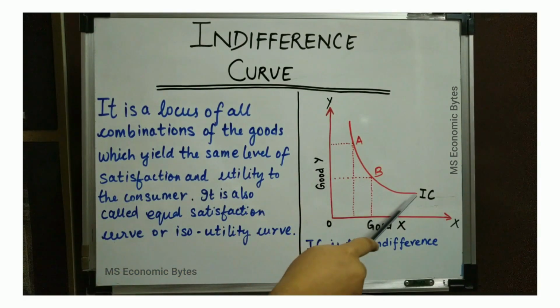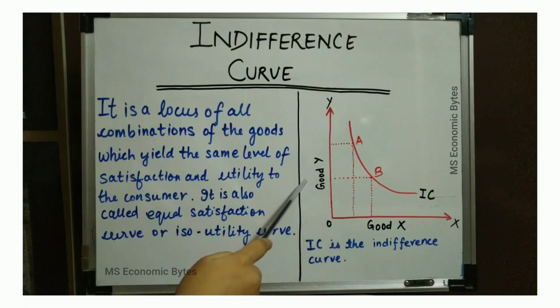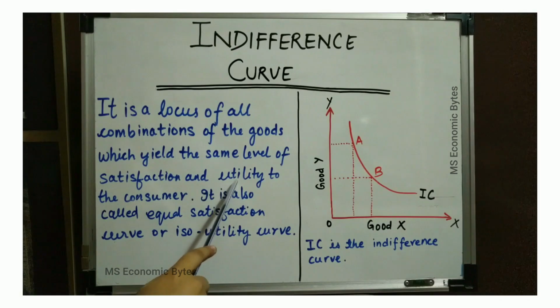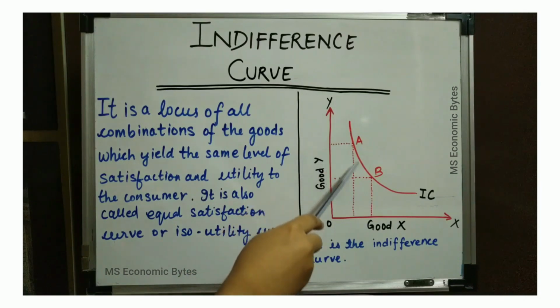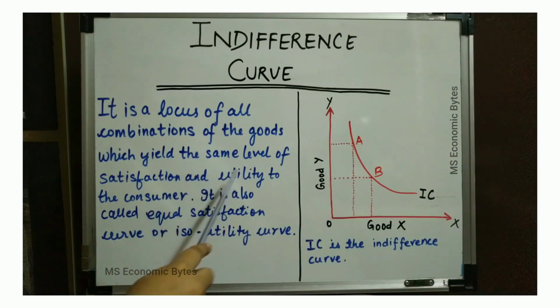In fact, at any other point the combination of good X and Y will differ, but they give an equal level of satisfaction, which is why the indifference curve is also known as the equal satisfaction curve, because every consumption bundle on this indifference curve gives the same level of satisfaction to the consumer.